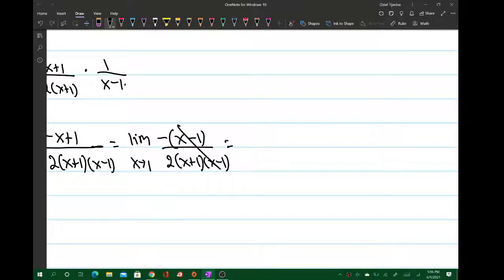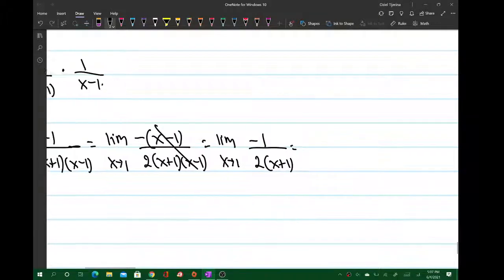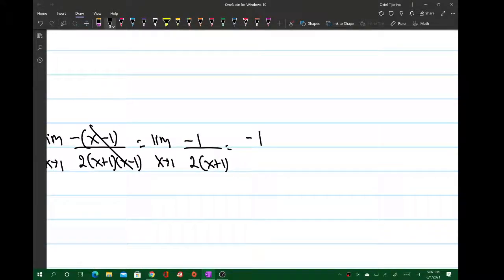And this gives you the limit as x approaches 1 of negative 1 over 2 times x plus 1. And what is that? That's going to be negative 1 over 2 times 1 plus 1, which is equal to negative 1 over 2 times 2, which is equal to negative 1 over 4.